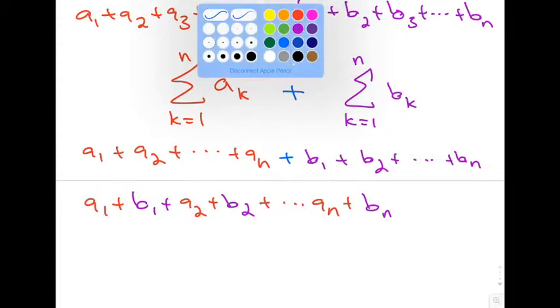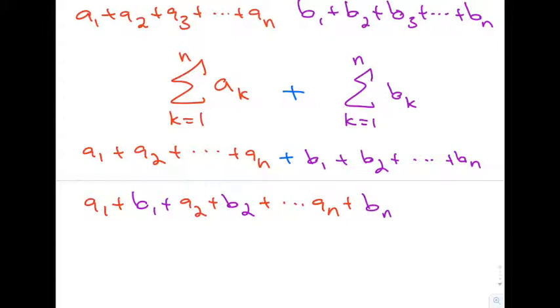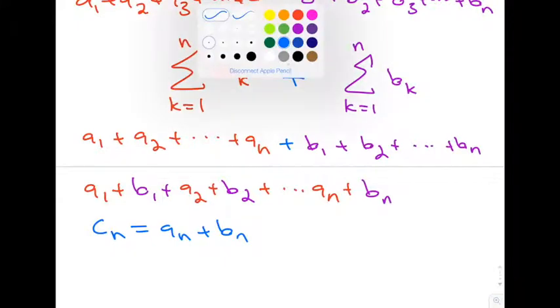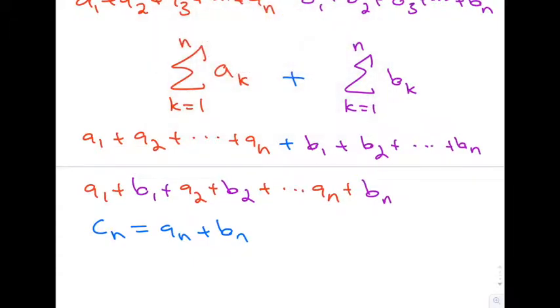And just to be super clear about what's going on, I love using substitution as a tool for highlighting what's happening. So let's say cn equals an plus bn. Now, that means that c1 will equal a1 plus b1, and c2 will equal a2 plus b2, all the way up to cn equaling an plus bn.